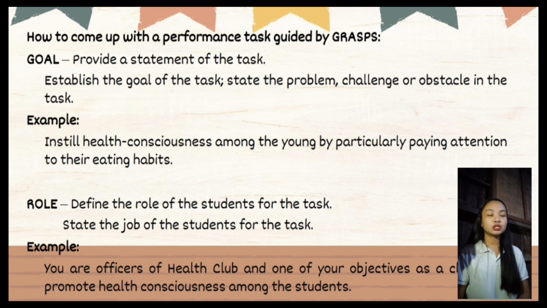First is the goal. Now, how to come up with a performance task guided by the GRASPS. The goal means to provide a statement of the task, or to establish the goal of the task, state the problem, challenge, or obstacle in the task.